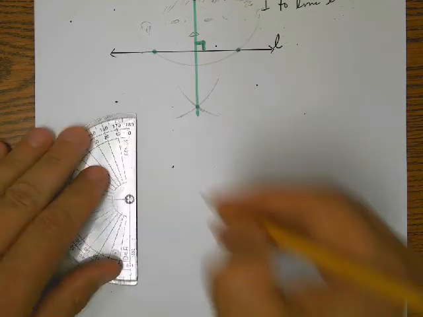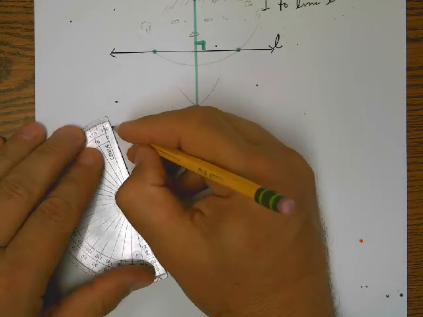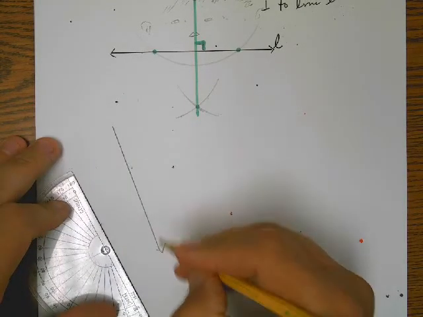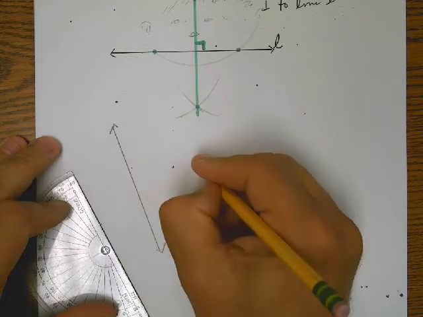All right, we're going to do a line this time. Let's go at an angle. And then a point not on the line.